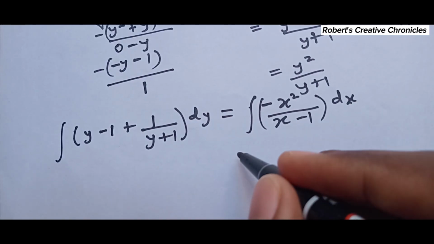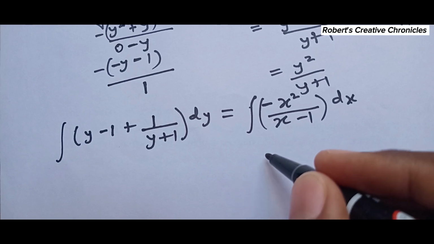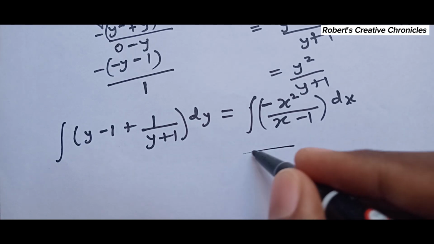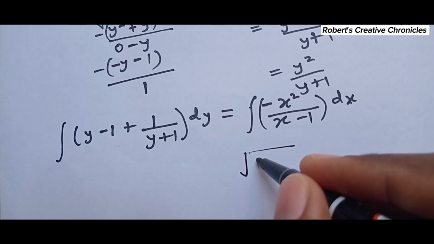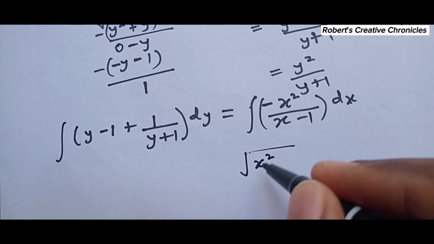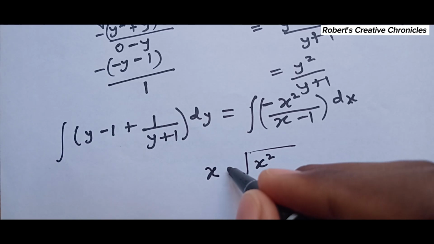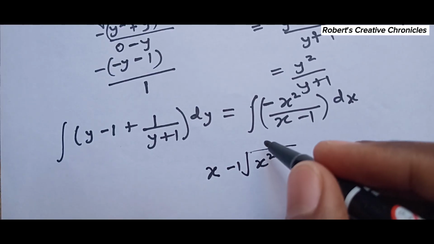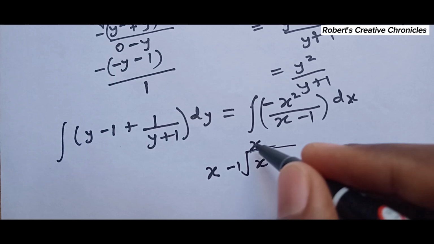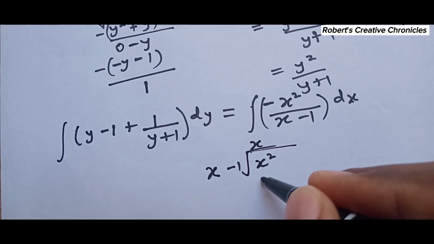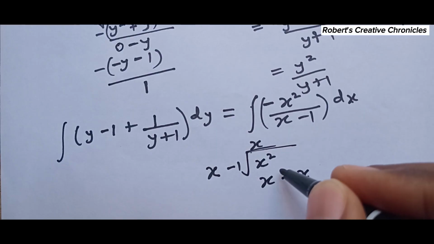This also we have to use the process of long division. So x squared, we'll leave the minus out. x squared, x minus 1. So x squared divided by x is what? It's x. Then you times it. x times x, x squared, minus x.